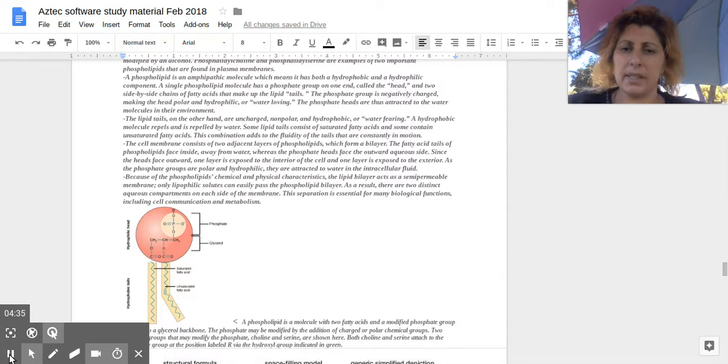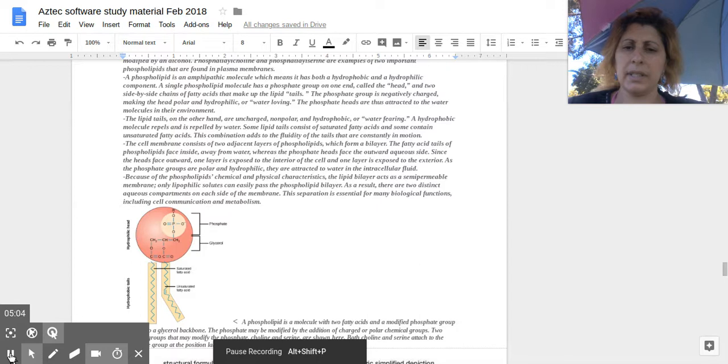Some lipid tails consist of saturated fatty acids. Others may contain unsaturated fatty acids. So the combination of unsaturated and saturated fatty acids contributes to the variation in the fluidity of the membrane and its permeability.